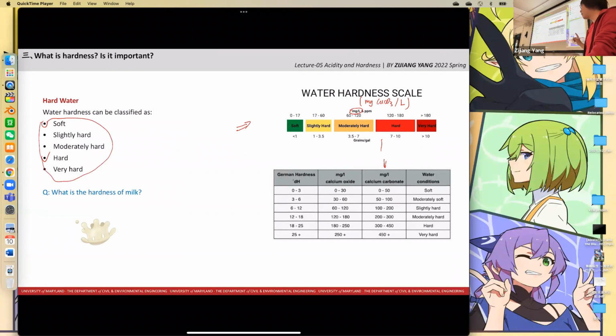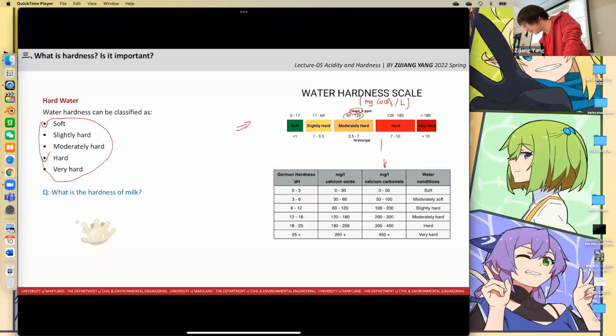So when reporting the results, it would be better to report the value first, then mention its classification, and then cite the source of the standards. This will be the most accurate way to report the water hardness.